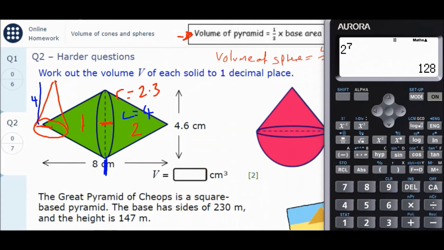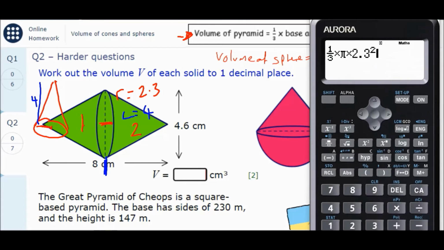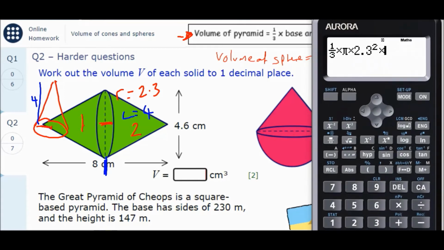So I've got 1/3 multiplied by the base area. So remember, it's a cone, so it's pi times radius 2.3 squared, base times radius squared, that gives me my base area. Multiplied by the vertical height, which in our case here is 4.